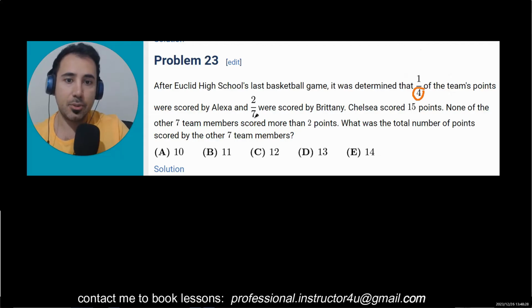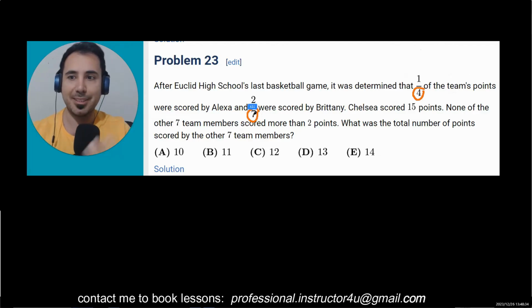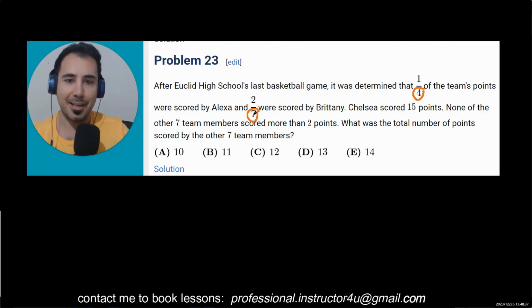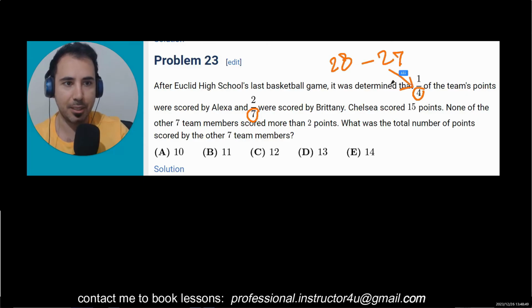Okay, and 2/7 were scored by Brittany. So this number should also be divisible by 7, right? So the number of points is something that you can divide by 7 and divide by 4, like 28. Can it be 27? No, because 27 is not divisible by 4 or 7. Okay, and let's read the rest of the question.